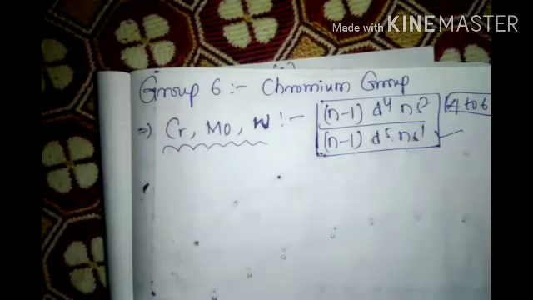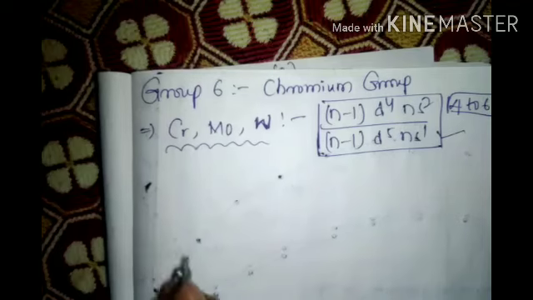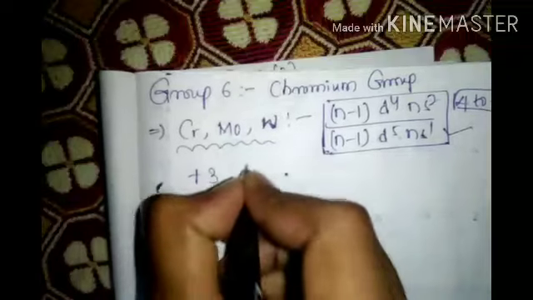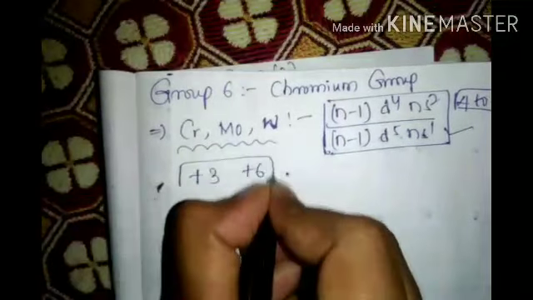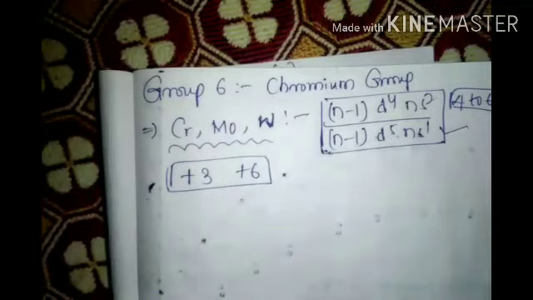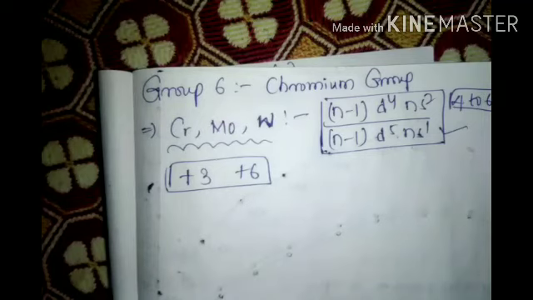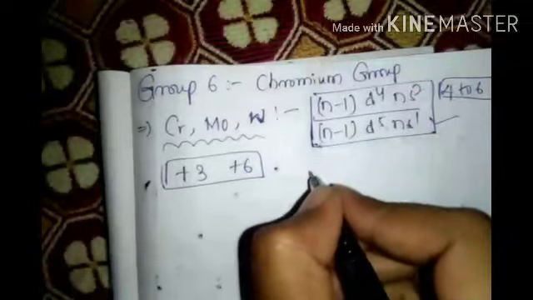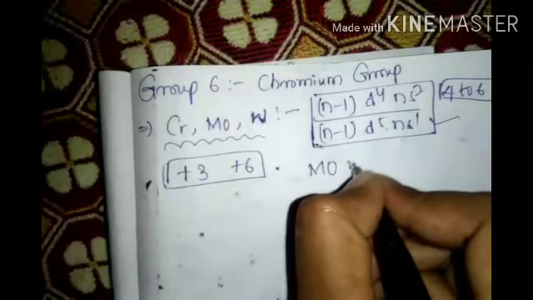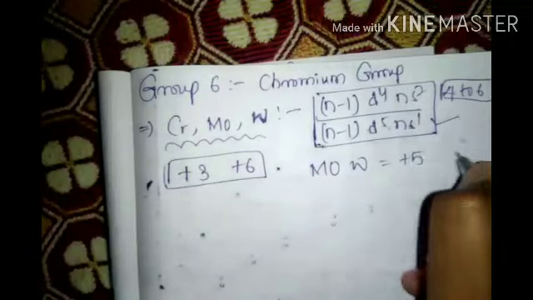The most common and important oxidation states are +3 and +6. Molybdenum and wolfram also show +5 and +6.